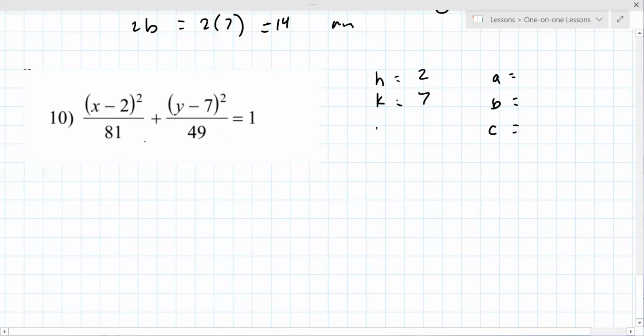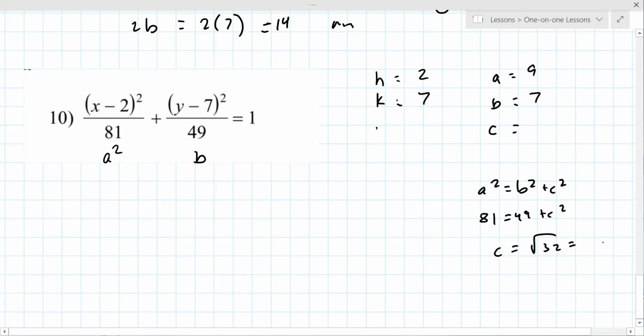Now the A is the bigger one, and then B is 7, and then we know that A squared equals B squared plus C squared. So 81 equals 49 plus C squared. C equals the square root of 32, which is 4 square root 2. So C is 4 square root 2.